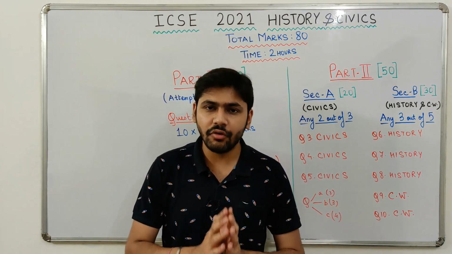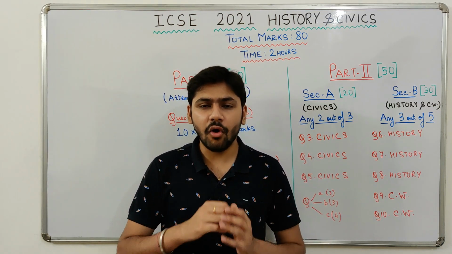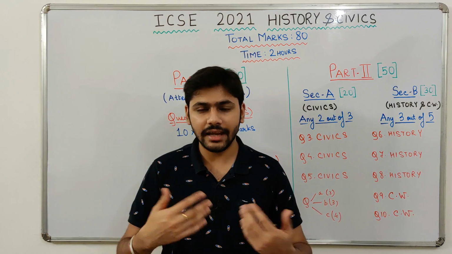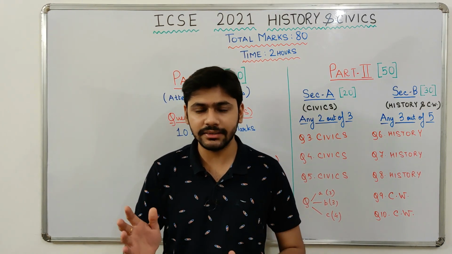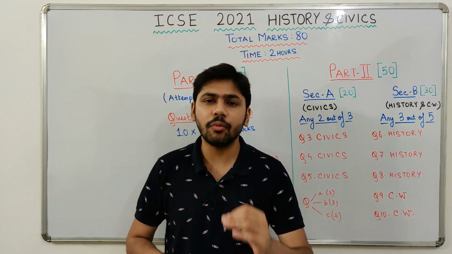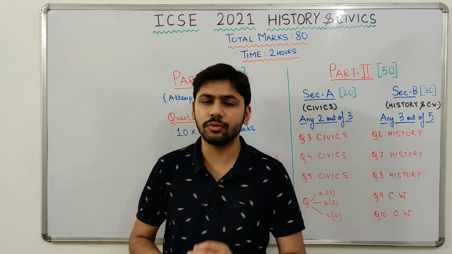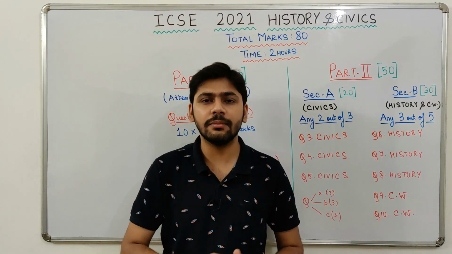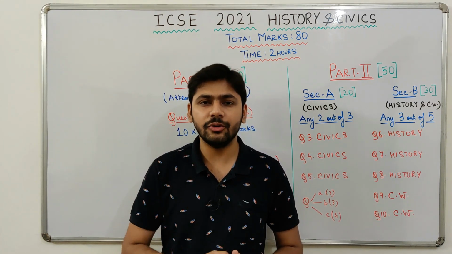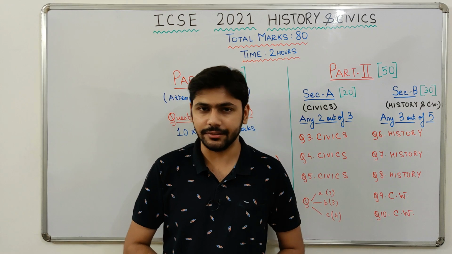So while preparing for the examination, try to read all the chapters thoroughly. That means the chapters that are left in your syllabus, and write all the important topics of those chapters. That will help you to grasp those topics properly and you will also be able to remember those topics so that you can write them easily in your examination.